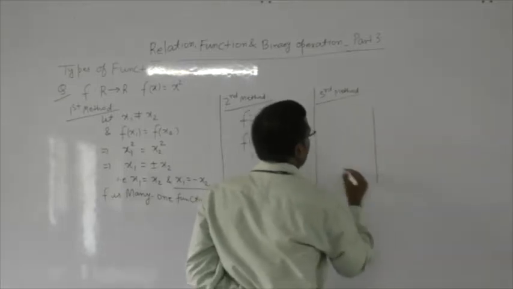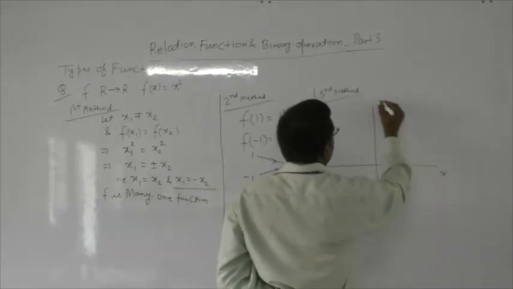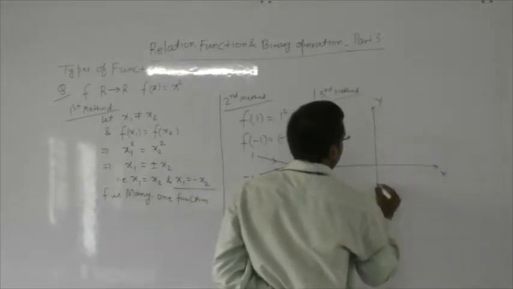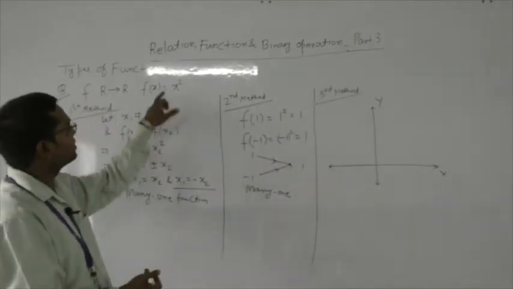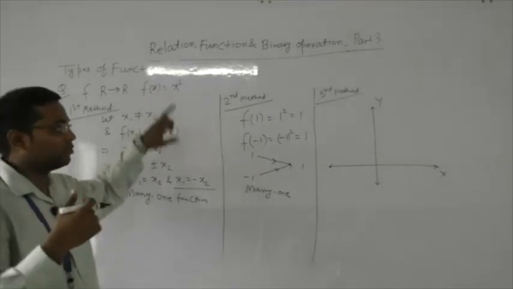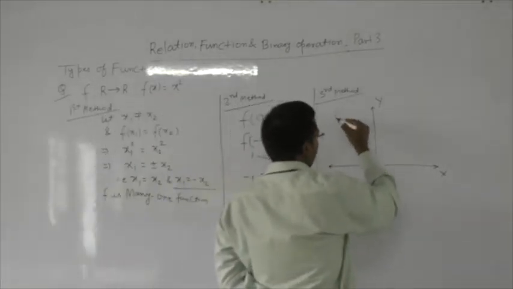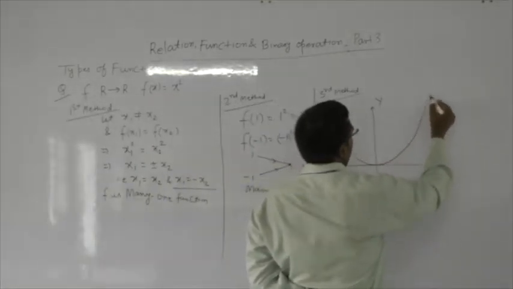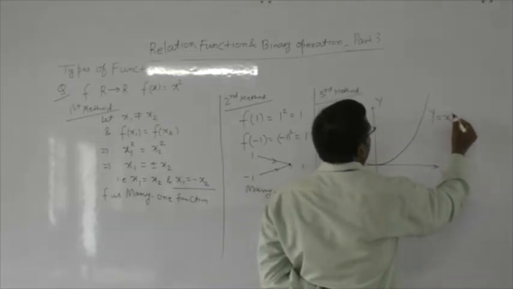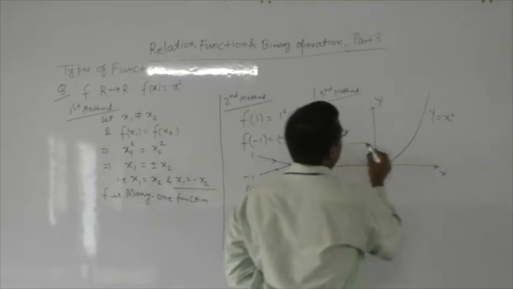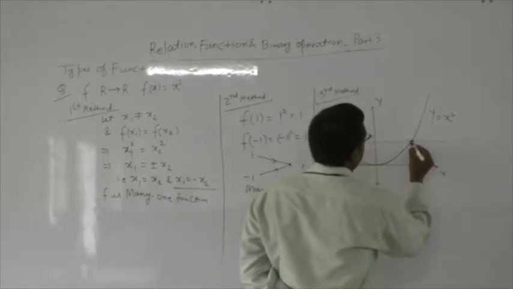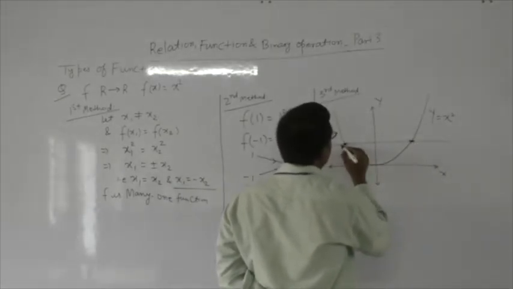We know this is our x-axis and y-axis. We know that this graph will be a parabola passing through the origin, and the graph will be like this, y equals x squared. Now, as I taught, if you take any horizontal line, here it is cutting, and here also it is cutting.